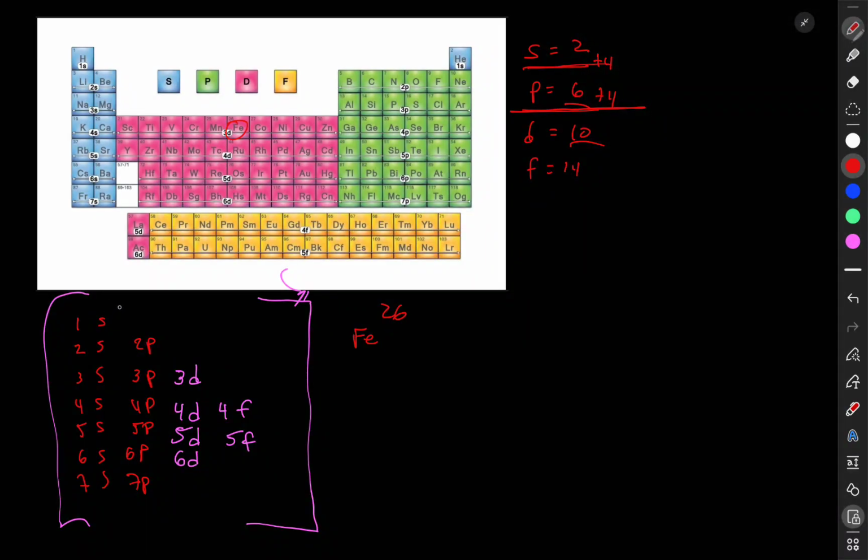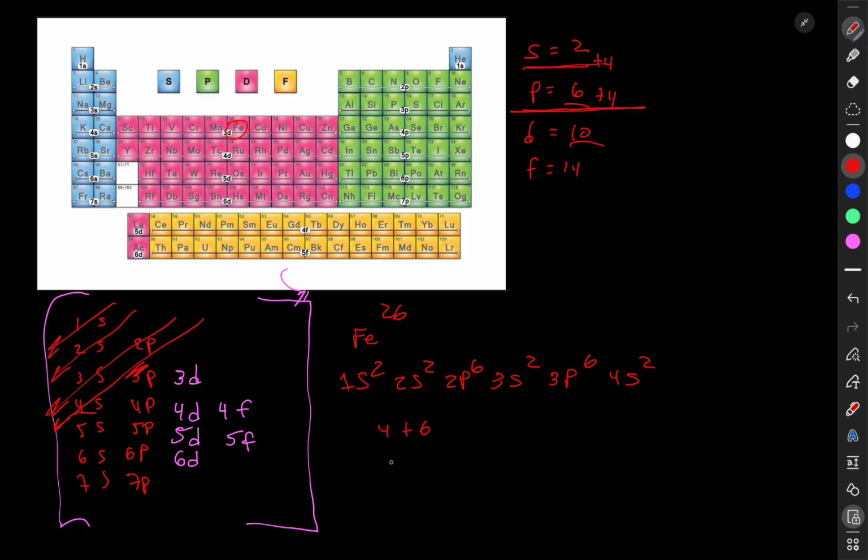Well, we start from the first one. 1s2, 2s2, 2p6, 3s2, 3p6, because it's right here, and 4s2, it's filled up. And then let's see how much we have right now.